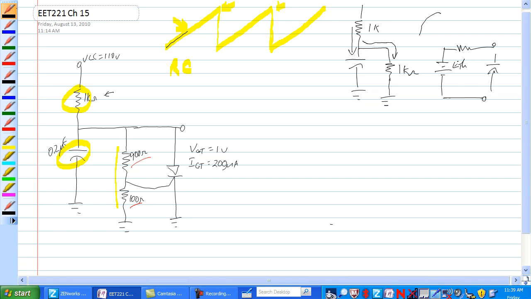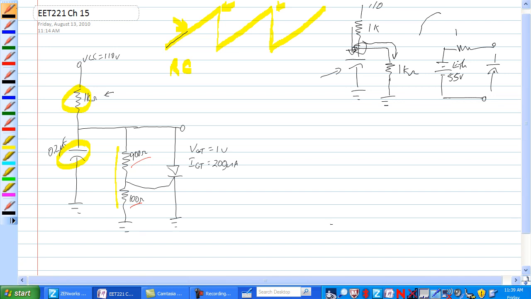If you look at it, you remove the load, which is the cap, and look at the voltage produced right there. This is 110 volts, so this would get to 55 volts. Just your voltage divider formula.